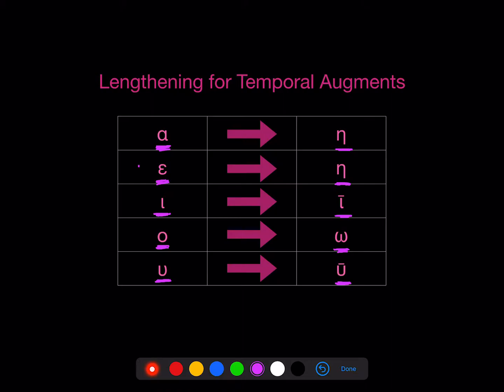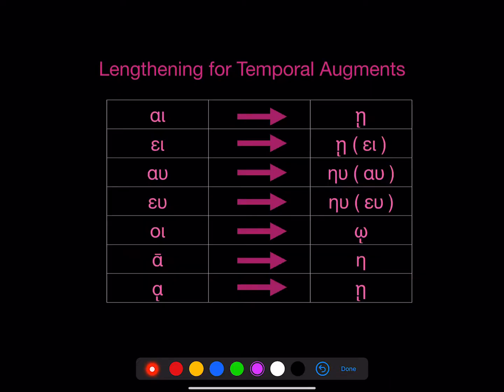So epsilon, iota, omicron, upsilon, short just becomes its long version. Alpha becomes eta. Now, if a verb begins with a long vowel, generally speaking, there'll be no change, except long alpha will become eta, because alpha becomes eta when you lengthen it.